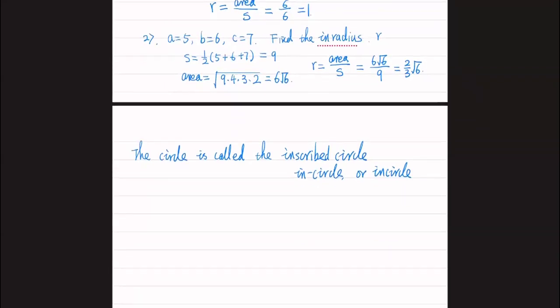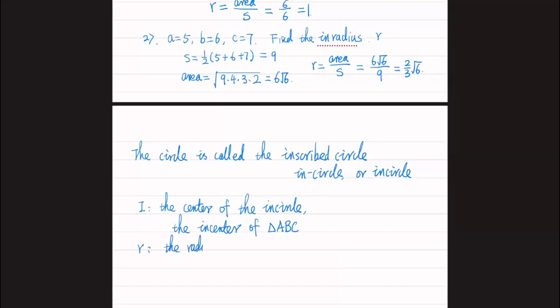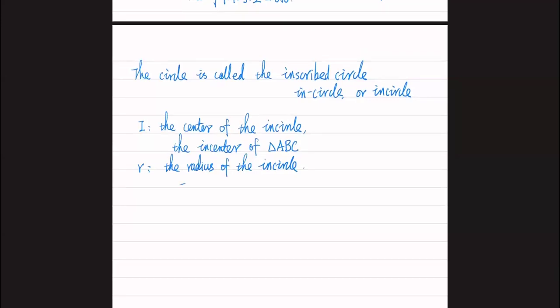Then the center of the incircle we call the incenter of the triangle, and the radius of the incircle we will call the inradius.